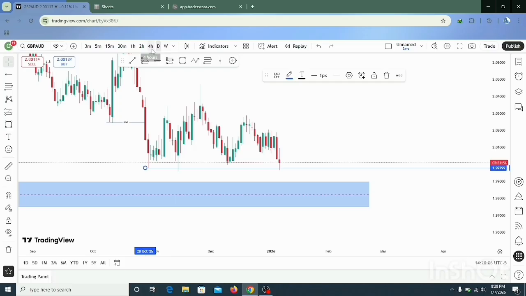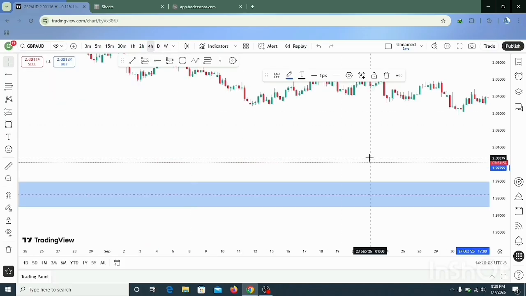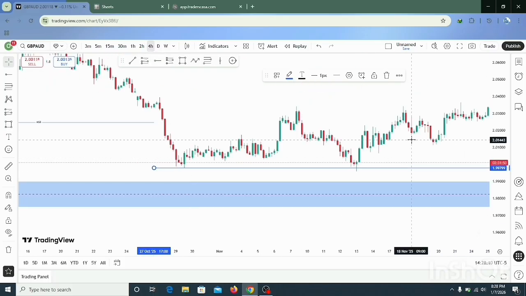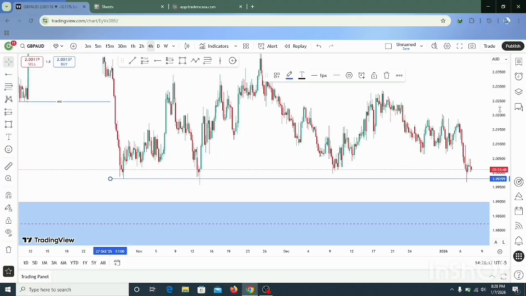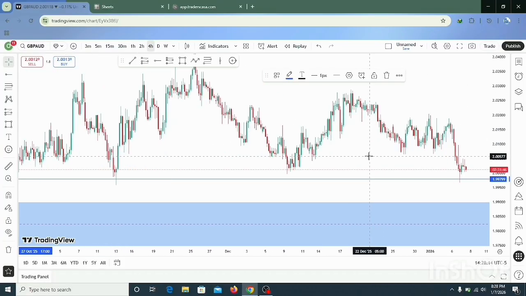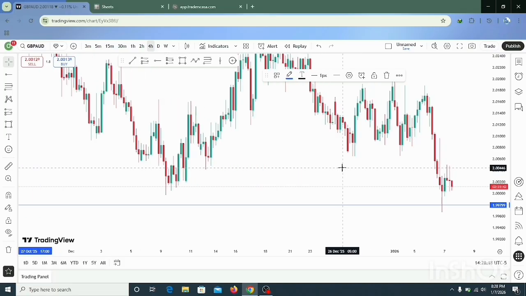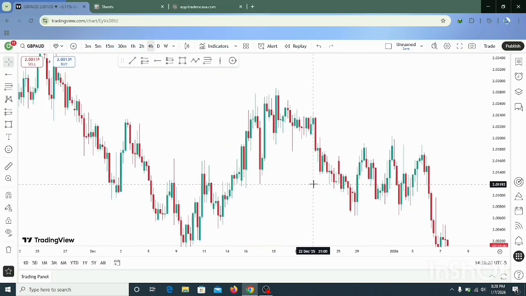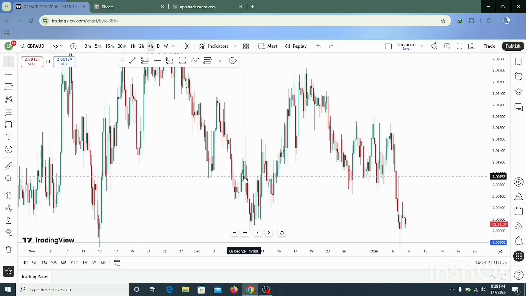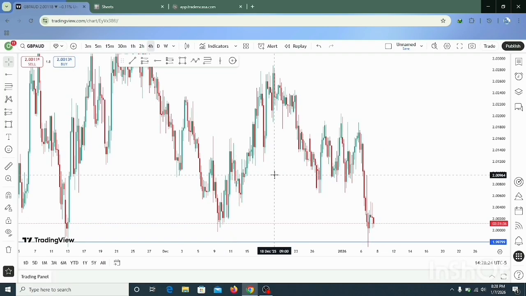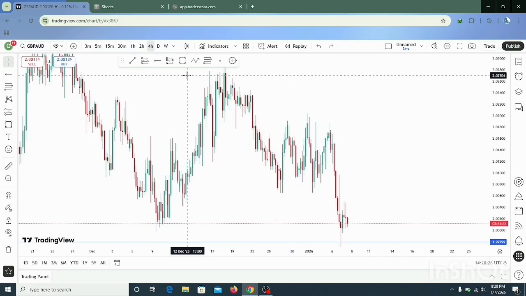Going straight to the 4-hour time frame, guys. Let's see what the market has printed for us. So here on the 4-hour time frame, let's look at the structures the market has given us.